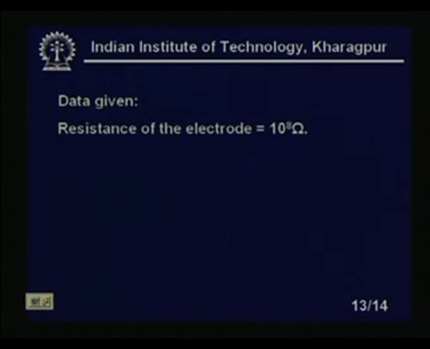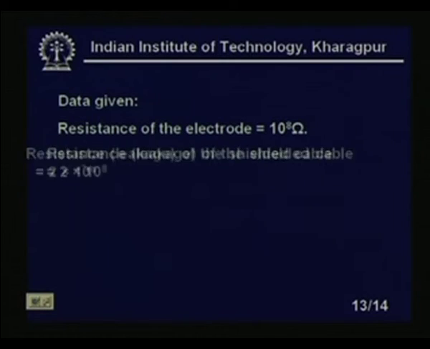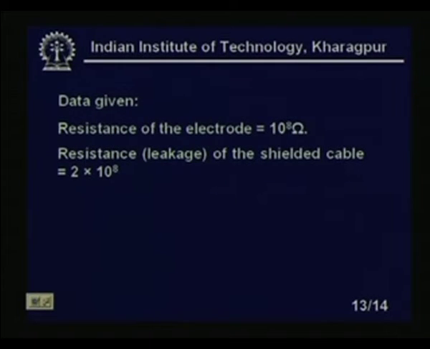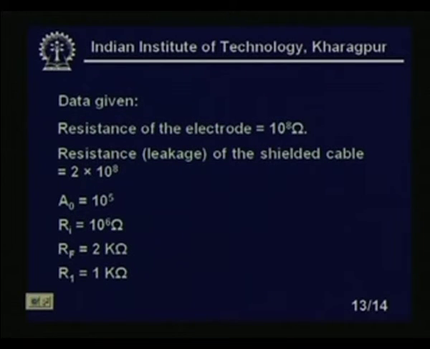The data given are: resistance of the electrode is 10 to the power 8 ohm; resistance leakage of the shielded cable is 2 into 10 to the power 8 ohm; A naught, the open loop gain of the amplifier, is 10 to the power 5; Ri, the input impedance, is 10 to the power 6 ohm; and Rf is 2 kilo ohm and R1 is 1 kilo ohm.